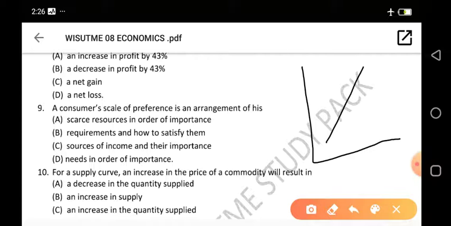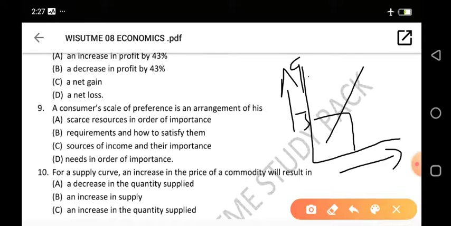Now, you agree with me that as your price is increasing, your quantity is also increasing. Meaning, if your price is 5, let's take it down, so if it increased to 9, you can see your quantity supplied is also increasing.